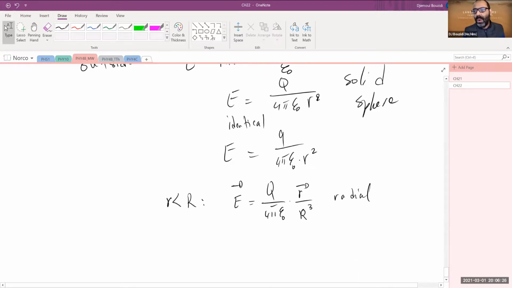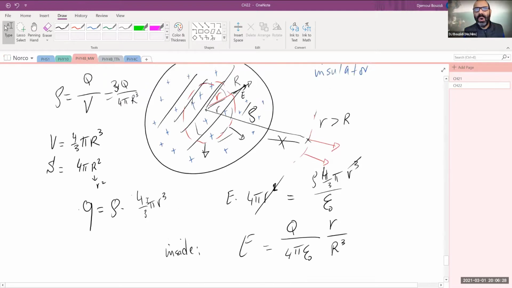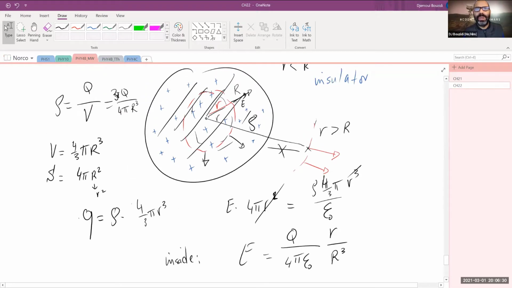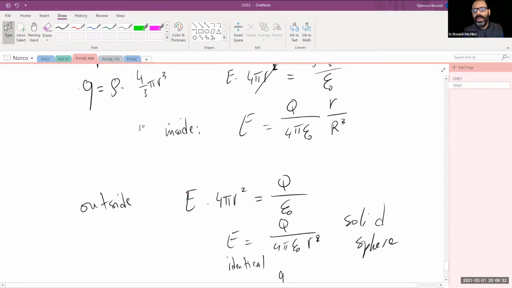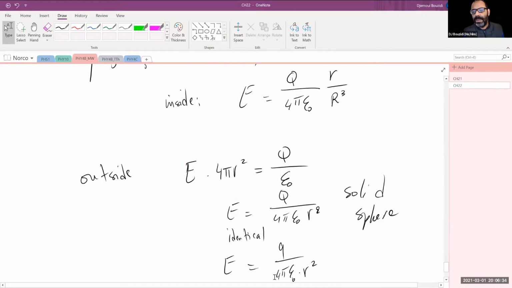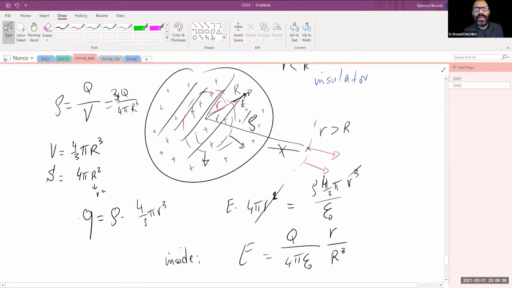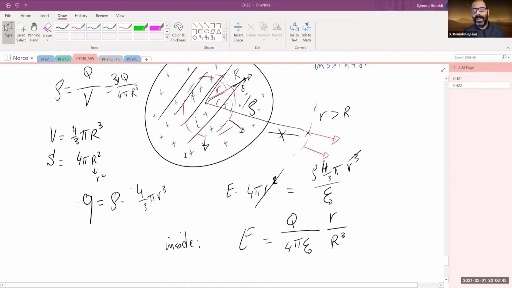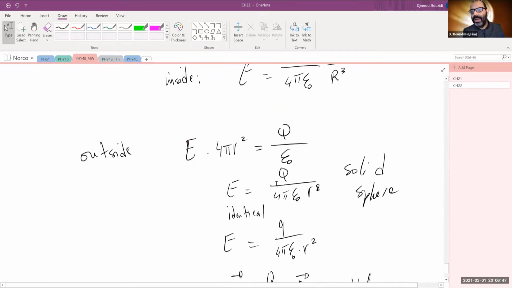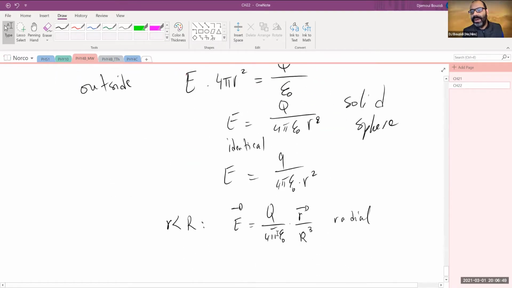Now, I also could express it in terms of rho. Remember, rho is Q over V, or 3Q over 4 pi R cubed. So this R cubed and 4 pi will all be consumed, but I will pick up a 3 in the denominator coming from this expression.